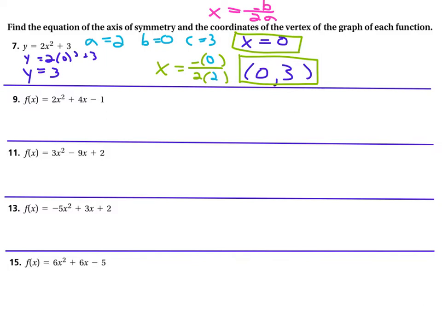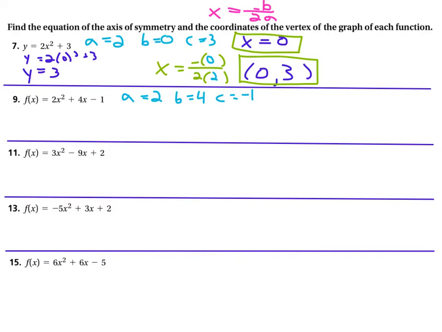Let's move a little quicker through the next one. We can say that a equals 2 in this case, b equals 4, and we don't need c, but it's equal to negative 1, just so we know how to identify it.